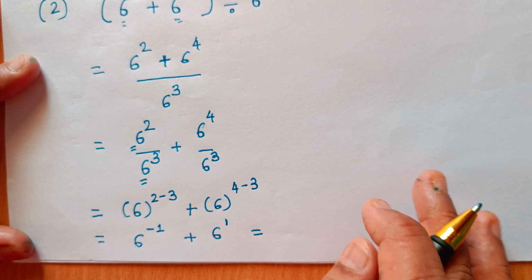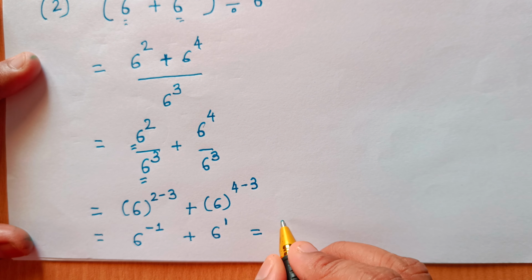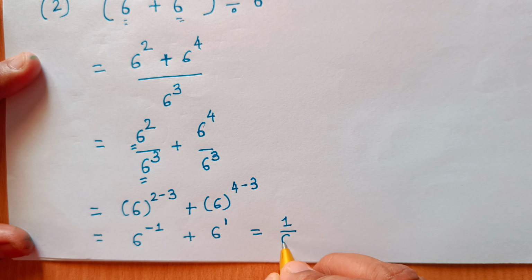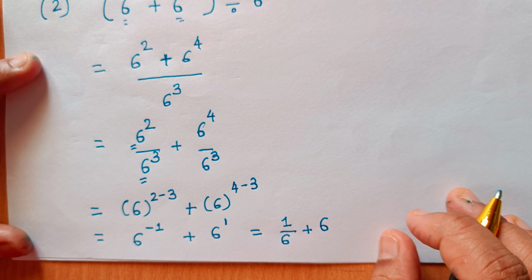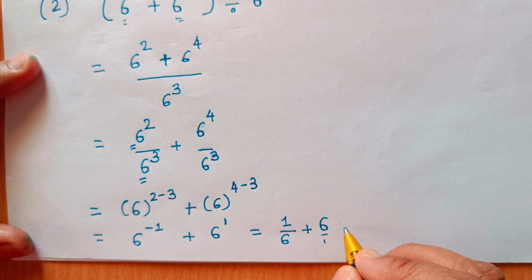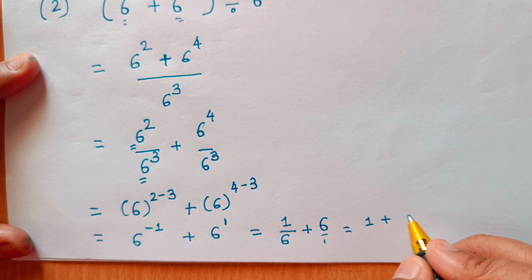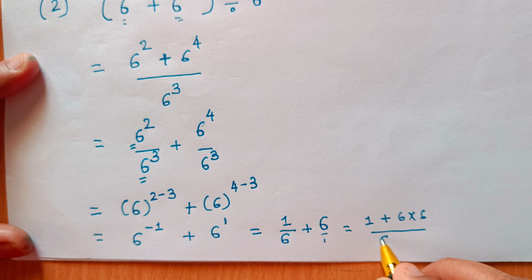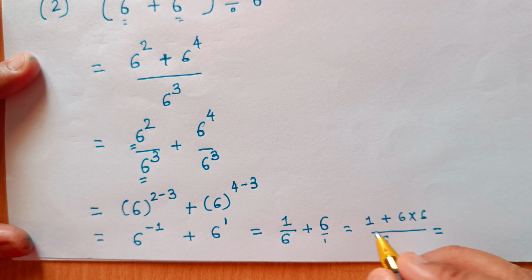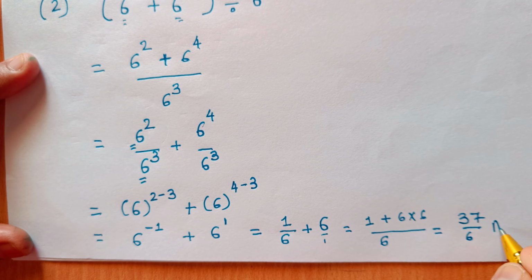Now children, we know 6 raised to minus 1 we can write as 1 by 6, plus 6 raised to 1 is 6. Now the LCM of these is 6. So 1 plus 6 multiplied by 6, divided by 6, is equal to 6 sixes are 36 plus 1, 37 by 6. That is our answer.